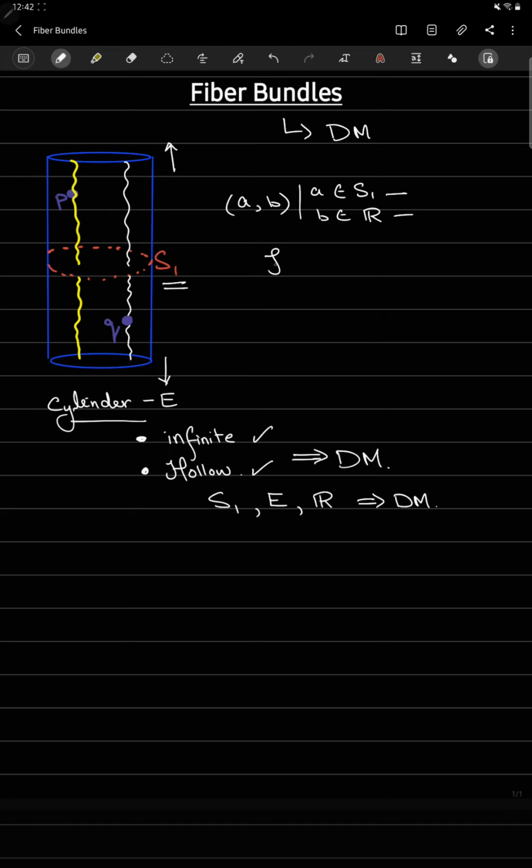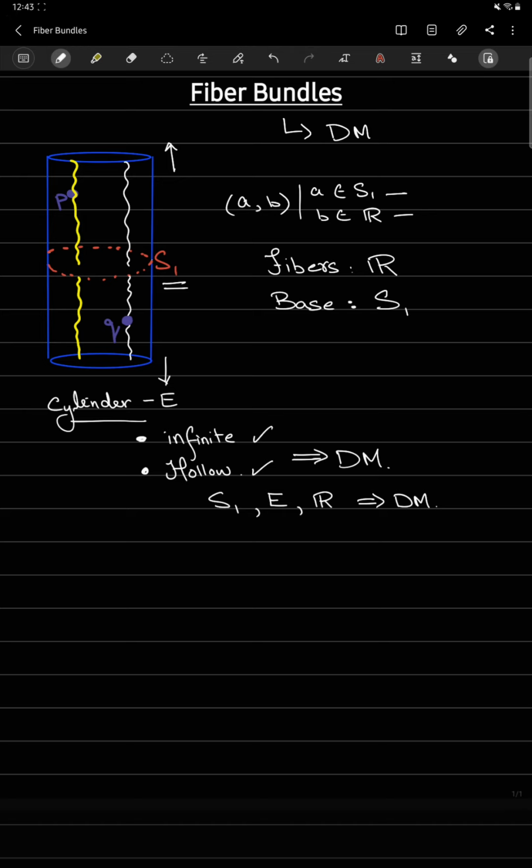So the fiber is denoted by R for the cylinder, and the base for this cylinder is S1. You could have this S1 anywhere, because obviously it's an infinitely long cylinder, so there is no concept of having this S1 at a center or something.